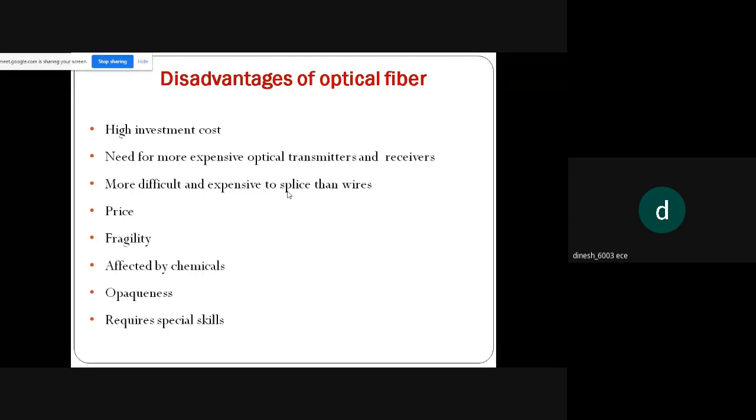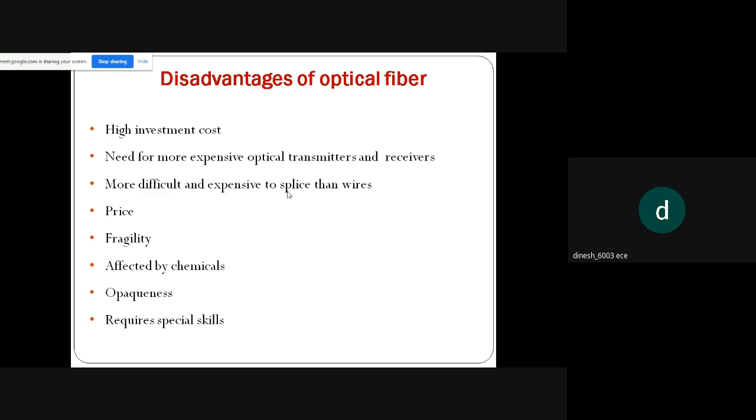And there are some disadvantages in the usage of optical fibers. The first one is the deployment cost. You need to invest more and more money by deploying optical fiber.